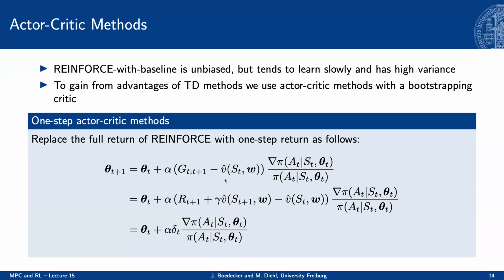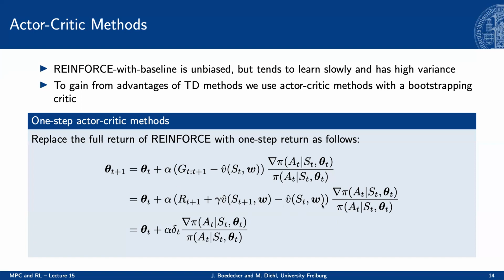Then we use the value function to approximate what's coming afterwards from the next step, and again we subtract our old estimate. That should look very familiar from the value-based methods that we looked at before, from TD(0), basically.